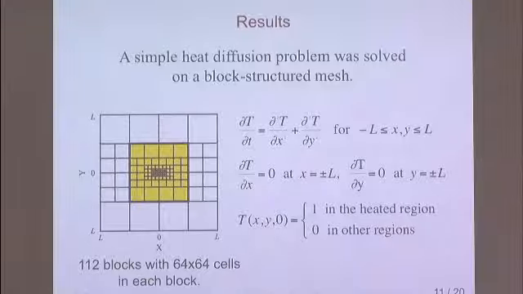So in this test, I integrated a simple heat diffusion equation on a refined mesh to examine the ability of the block structured mesh approach. Here the domain consists of 112 blocks with 64 by 64 cells in each block, and zero gradient conditions are imposed on the boundaries.